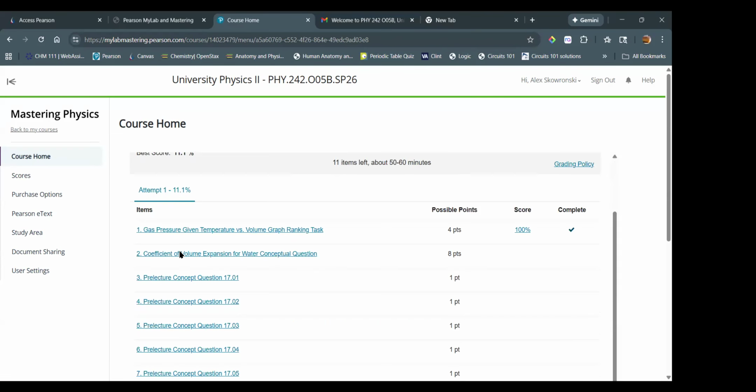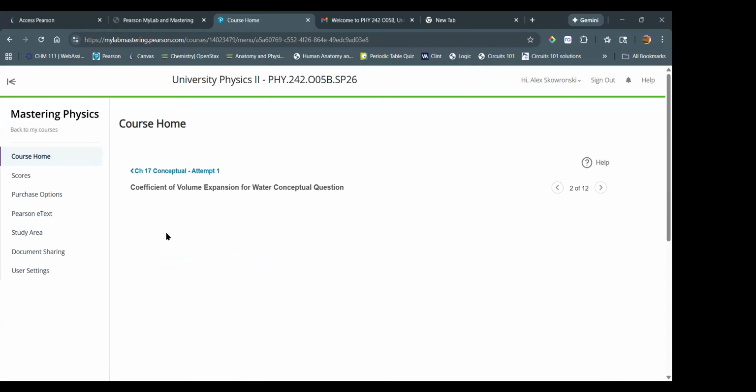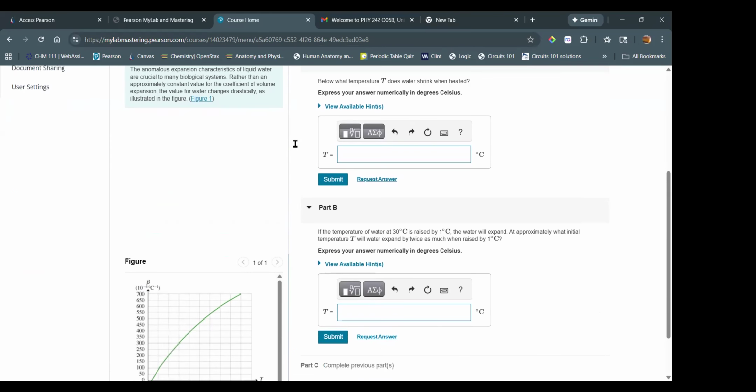Sweet. So I was going through it, and I haven't done much at the moment, but I was reading it. And this one just caught me off guard a little bit. It says, what below what temperature T does water shrink when heated?